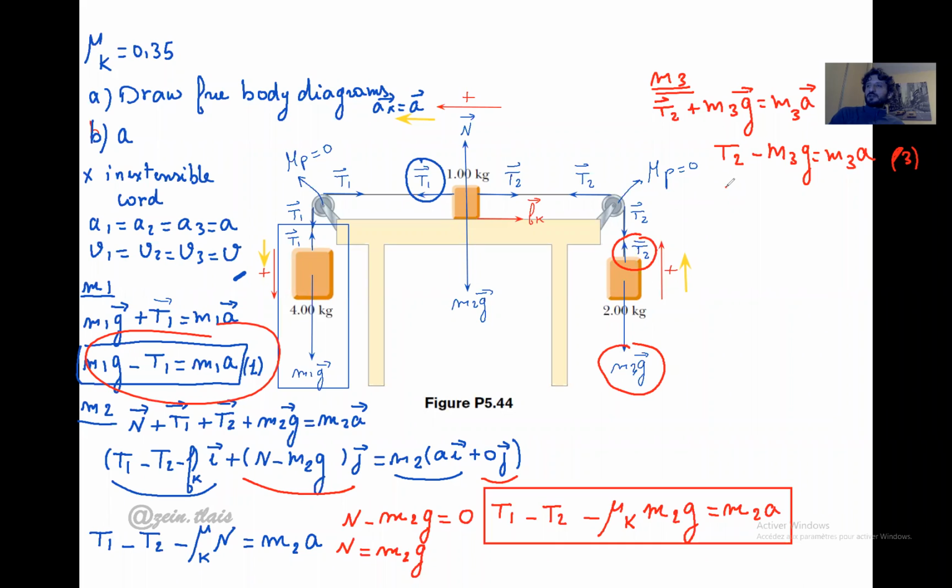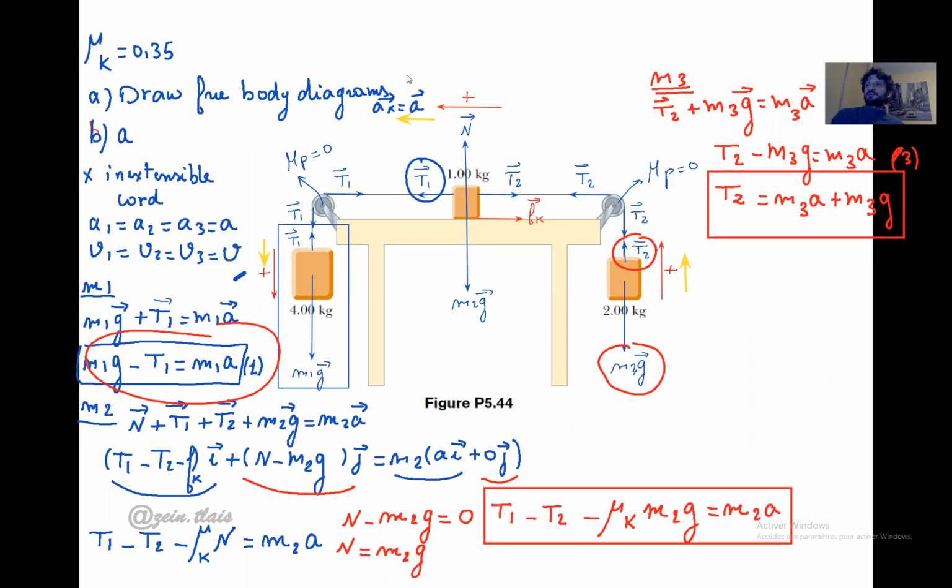The third equation, T2 equals M3A plus M3G, just to simplify the calculation. Okay, this one is the first equation.